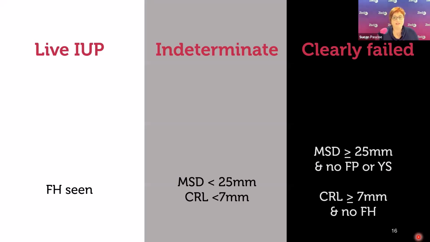Now, the problem with this grey zone is that very few women know when they actually conceived versus when their last period was. So their dates and what we can see on the ultrasound might be a little off. They might be further along than they thought or not as far as they thought. They may have ovulated very early or very late. And so there is a normal physiological period where we cannot categorically say one way or the other what's happening.